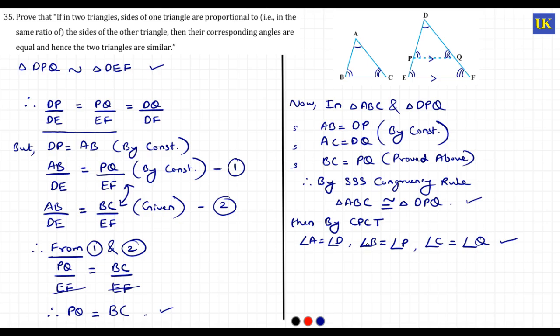The remaining things are the angles, because all three sides we have already proved equal. So the angles were remaining, and by using CPCT, we can say that even the angles are equal.